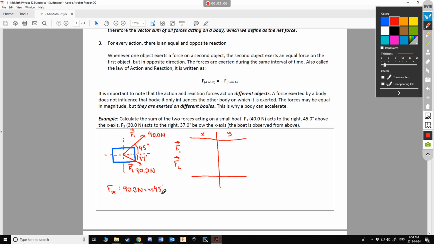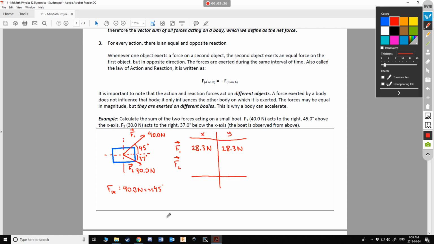We get 28.3 newtons, rounding to 3 digits. In the y direction, for 45 degree triangles, we know that both the x and y components are the same, so also 28.3 newtons.